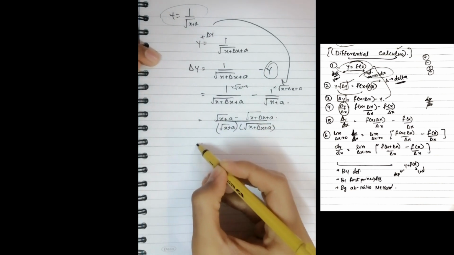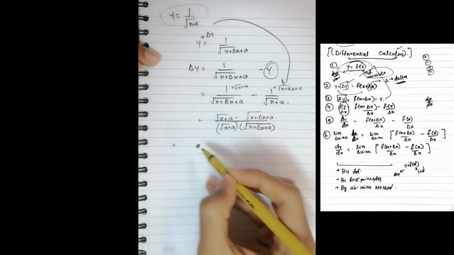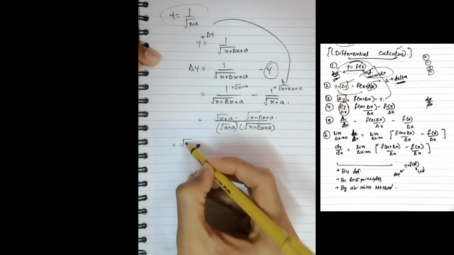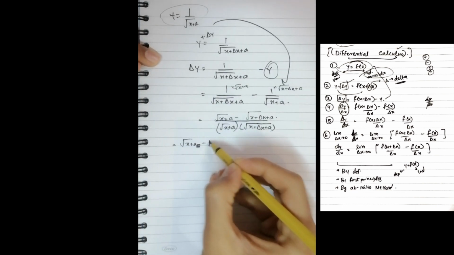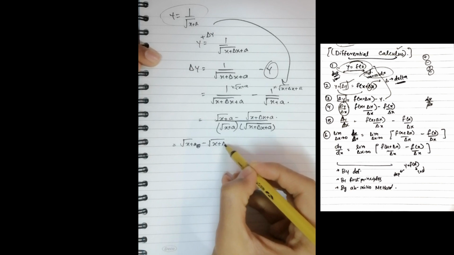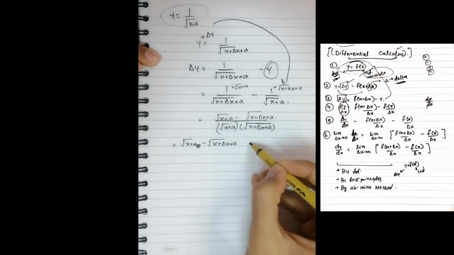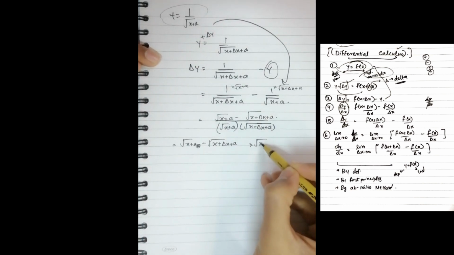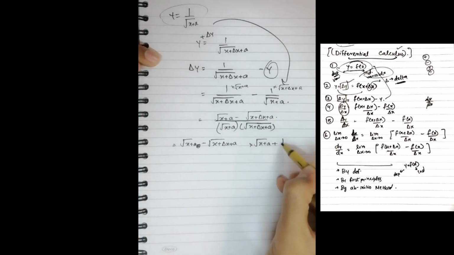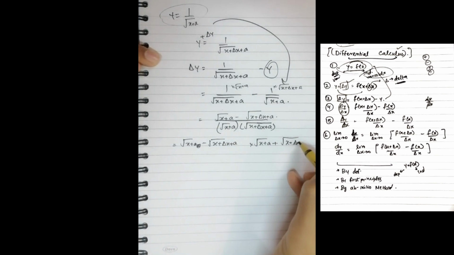Now you can see that there is nothing more you can do with this question, so you can move towards the process of rationalization, in which you multiply and divide by the conjugate of these terms. Okay, so what is the conjugate? Root of x plus a, plus root of x plus delta x plus a.